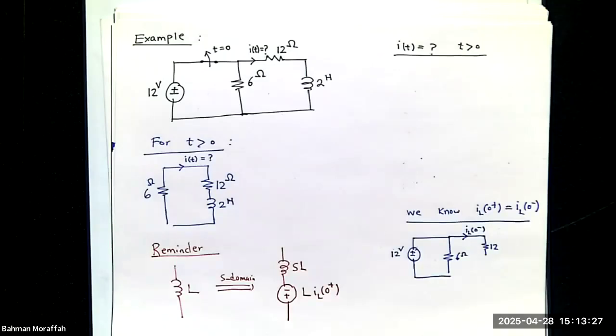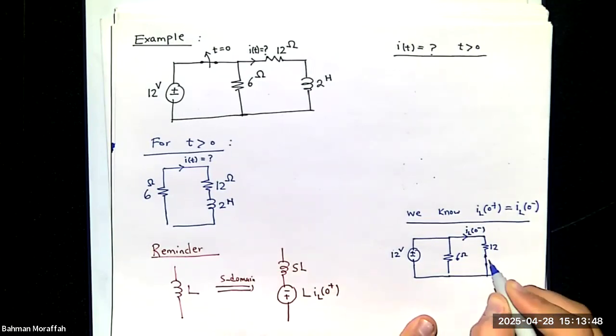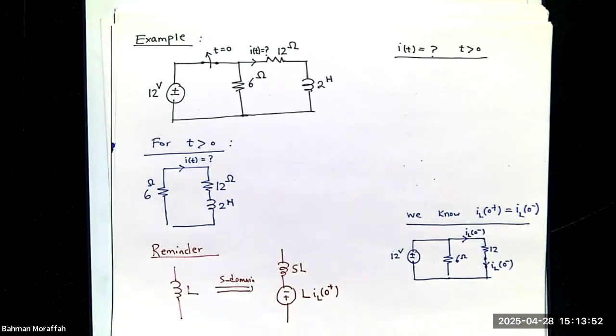What happens to my inductor? Right at time 0 negative, I'm in a steady state condition. What happens to an inductor in the steady state condition? It's a short circuit. So I have this shorted out, and obviously this is iL at time 0 negative.